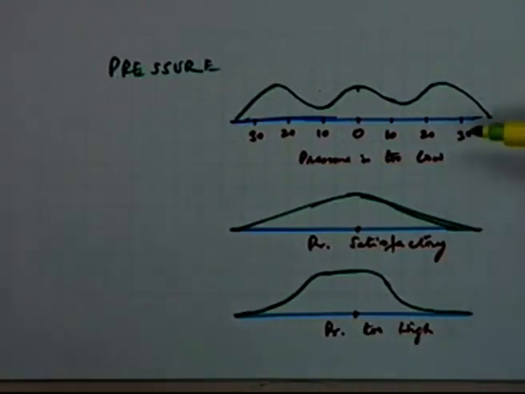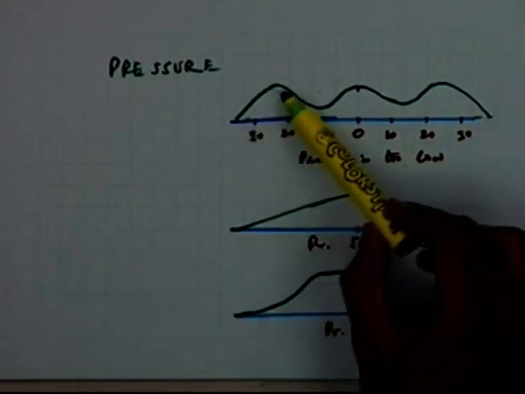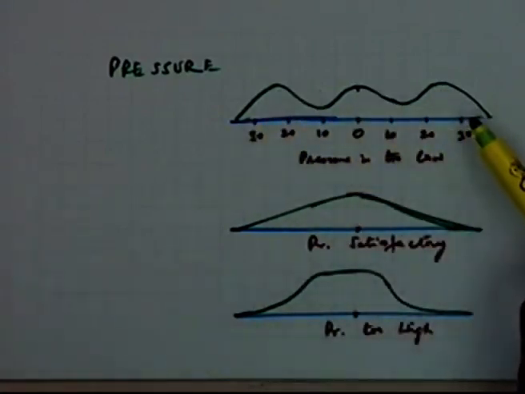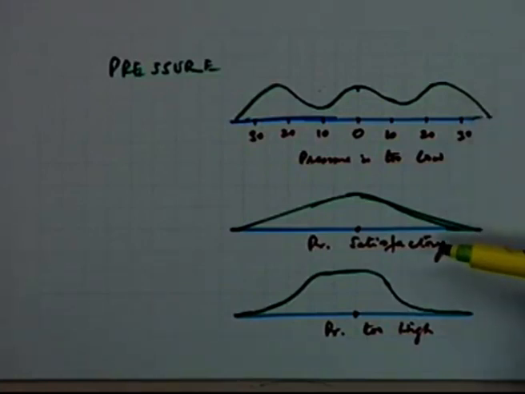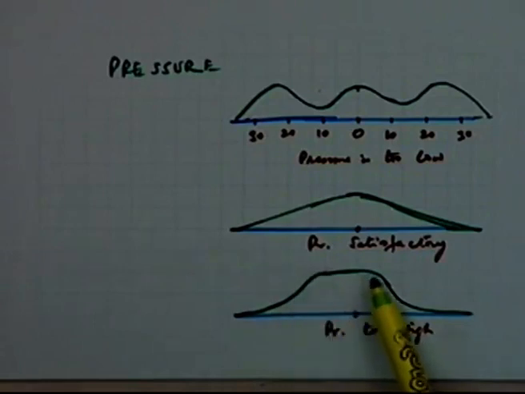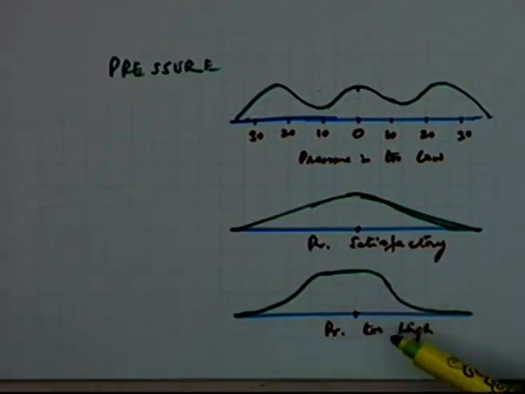If the pressure is too low, you will get this type of distribution pattern, which is similar to a donut. This is a pressure distribution having a plateau at the top, and this is obtained when you have pressures which are too high.